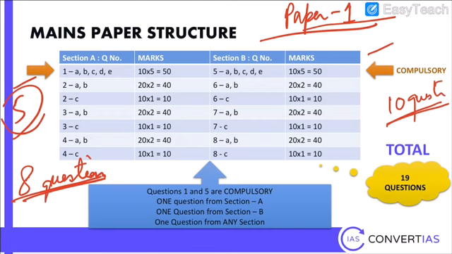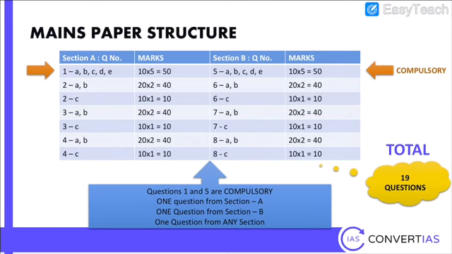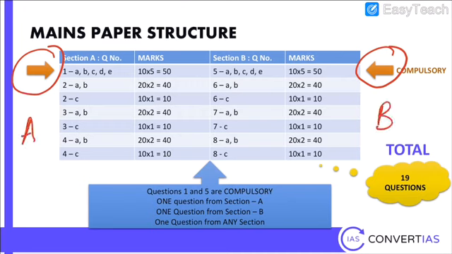Then after that you have to attempt 1 question from section A and 1 question from section B. So once again, question number 1 is compulsory, question number 5 is compulsory, any 1 question from section A, any 1 question from section B, and finally the last or the 5th question from any section. So in total you have to do how many questions? You have to do 5 questions.